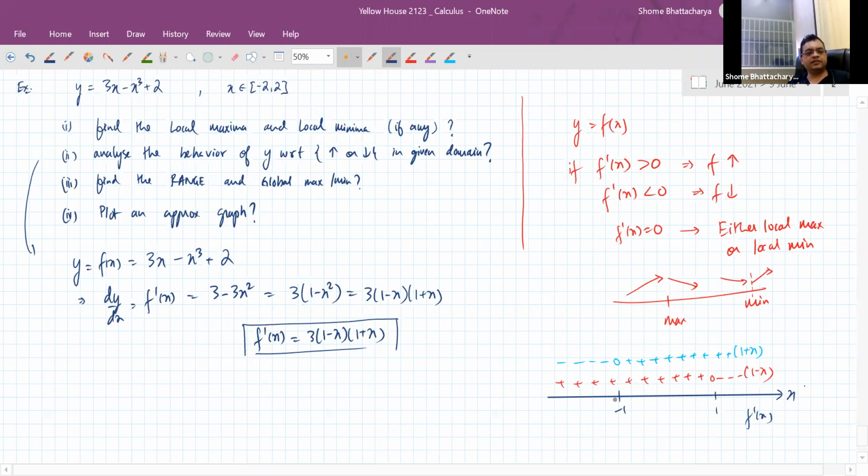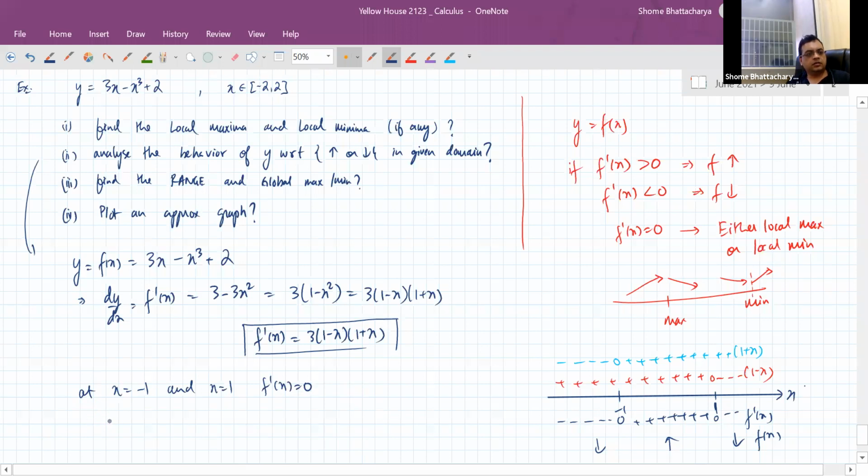So now as far as the derivative is concerned, the function's derivative is negative in this region, 0 at this point, positive in this region, 0 at this point, 1, and then again negative. So that means as far as the function is concerned, it is decreasing in this region, increasing in this region, and then again decreasing. So the answer to the first part is that at x equal to -1 and x equal to 1, f'(x) is equal to 0.